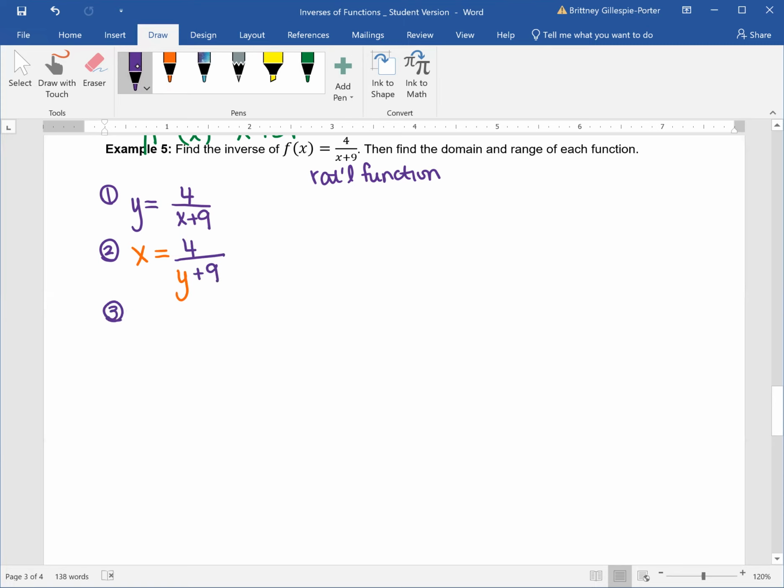Step 3, we're going to solve for y. We have y plus 9 in a denominator. So what we're going to do is take y plus 9, multiply it on each side of our equation.